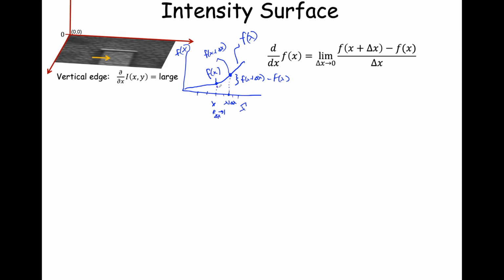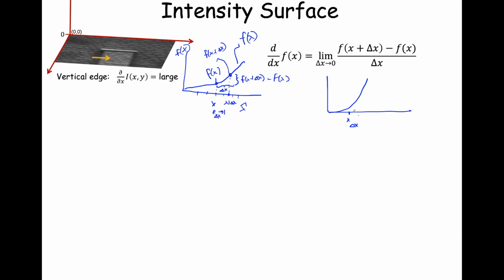And the run is this distance, which is nothing more than delta x. When we take this limit as delta x goes to 0, we compute rise over run, but we make that delta x as small as possible. That's what it means to say in the limit as delta x goes to 0.